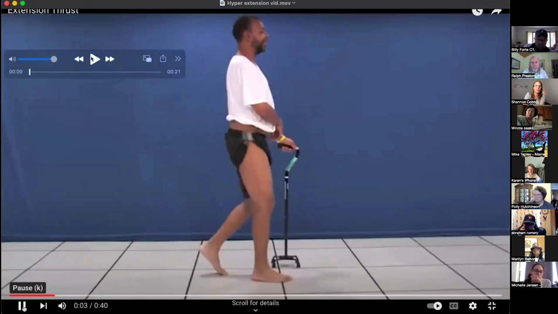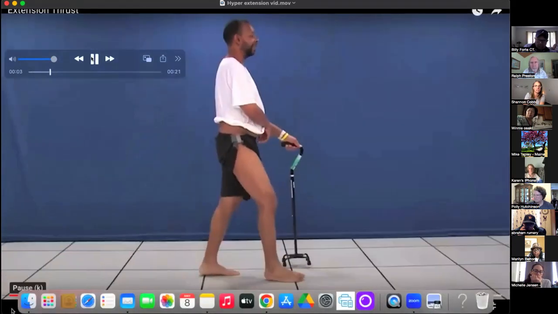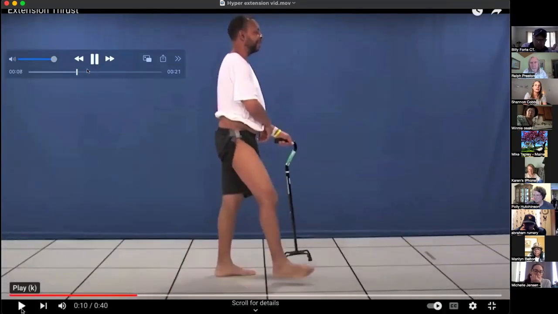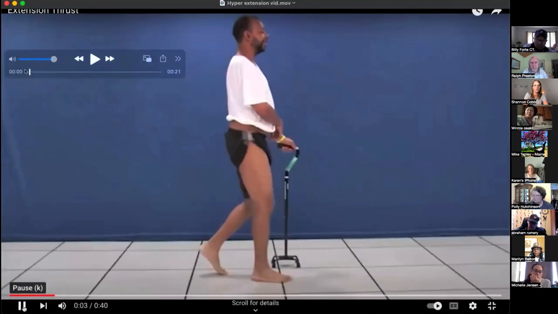When we're talking about knee hyperextension, it's that popping back or snapping back of the knee, that uncontrolled straightening or over-straightening that somebody has when they shift onto their more affected side.